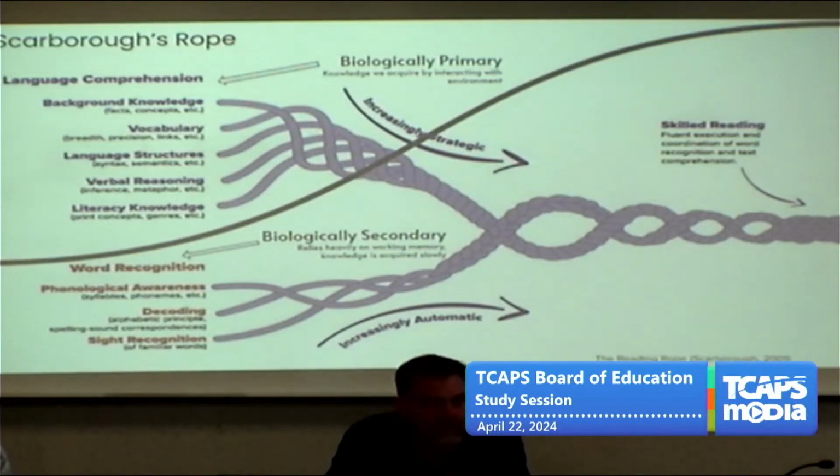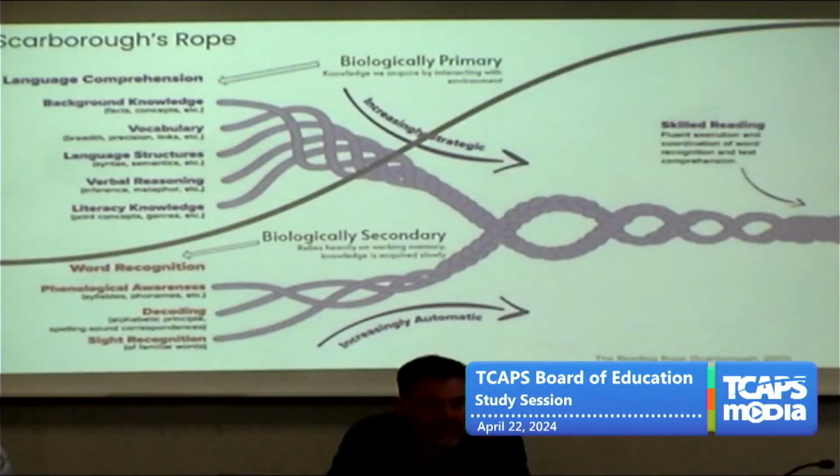The only thing I would want to add is when we talk about that top part of that rope, and when Kelly said that is largely influenced by environment, that's when we're talking about the difference between students coming in from language-rich homes versus language-deficit homes.